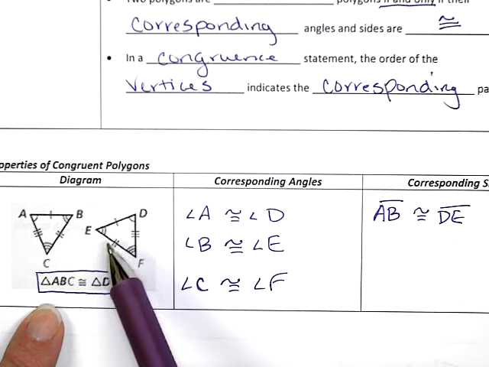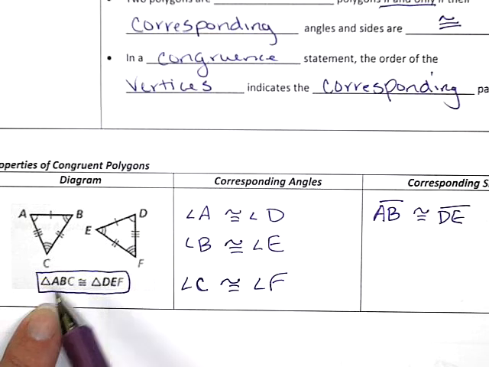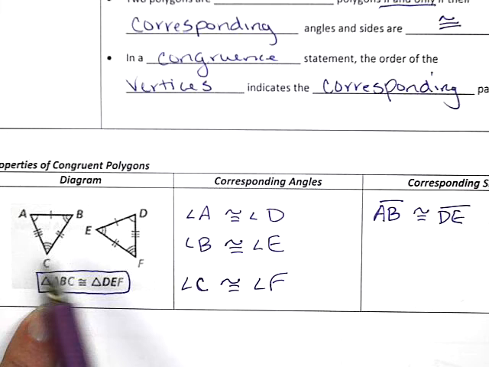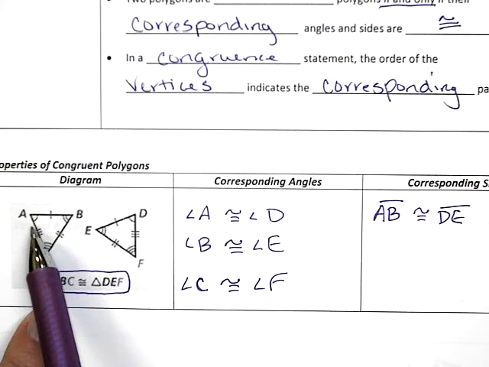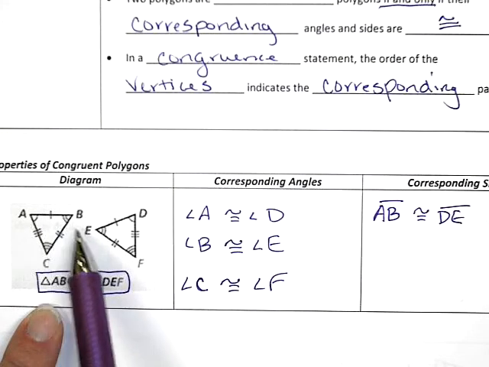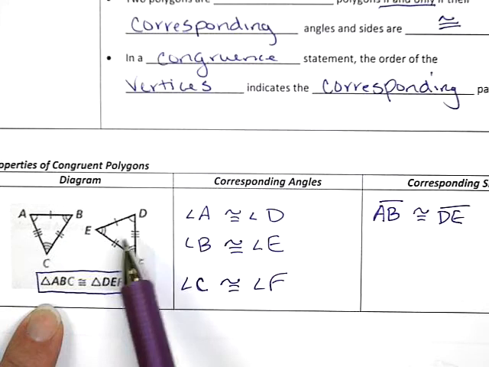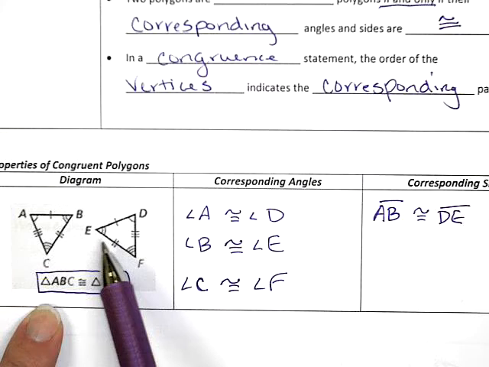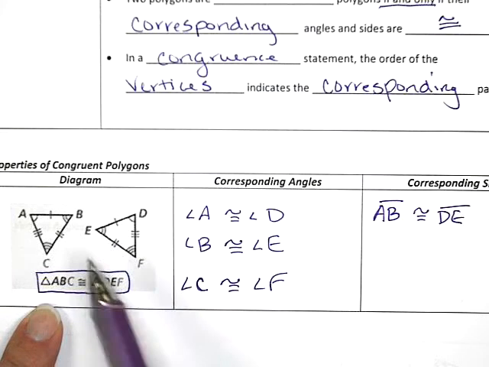Either one would technically be fine, but we want to be careful about our order. So when we look here, AB and DE are the ones that match. That's because, look at A, it's got one arc mark, B's got two arc marks. So on my other triangle, I'm going to go from the angle that's got one arc mark to the angle that's got two arc marks, because then I can just make sure I'm going in the right order. All right, so AB to DE.